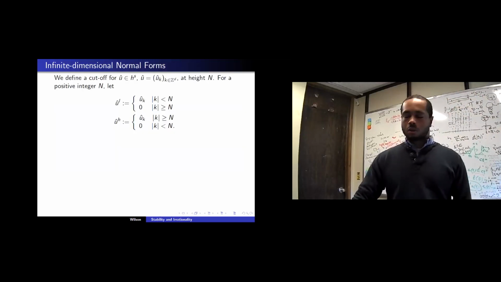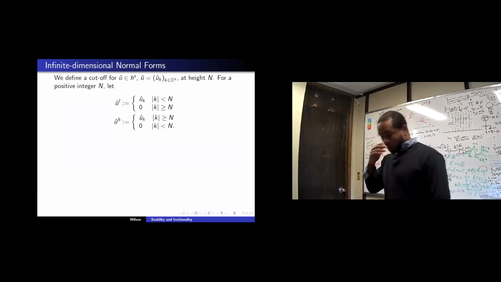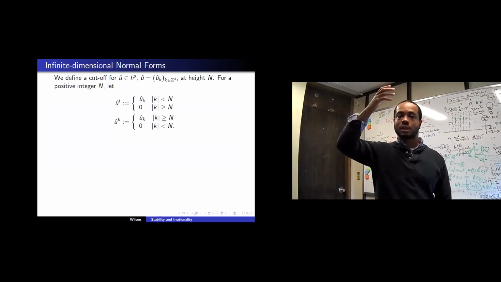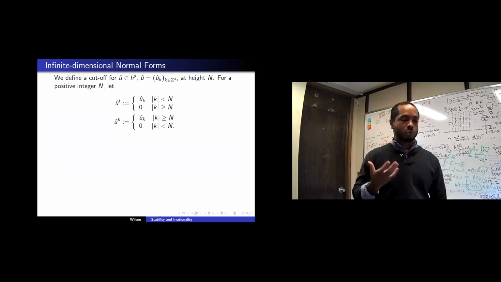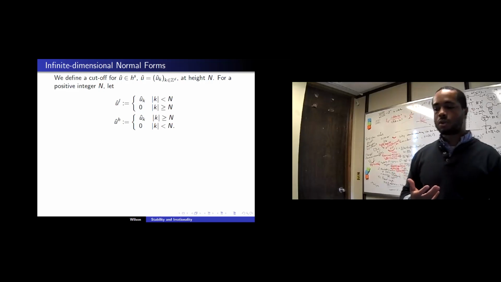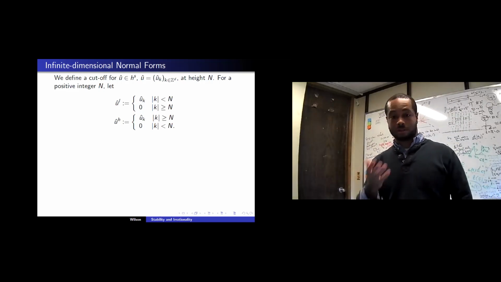All right, so we don't have a finite dimensional system. We have an infinite dimensional system, and we would like to extrapolate the theory from Moser to infinite dimensional systems.